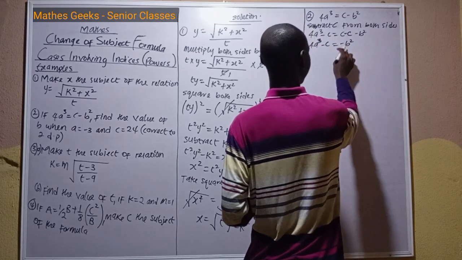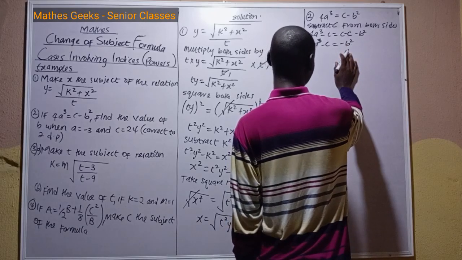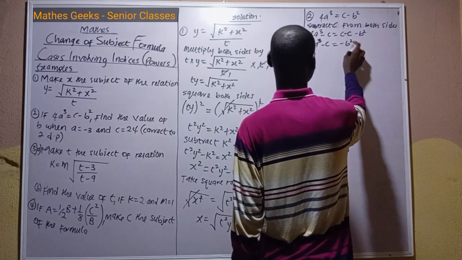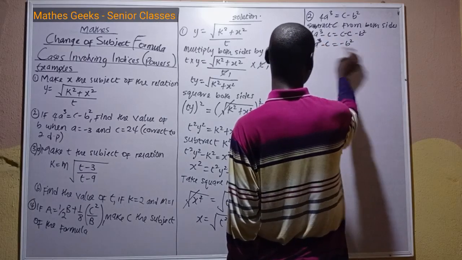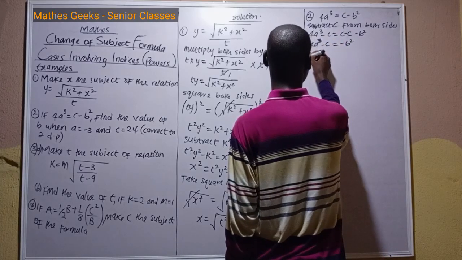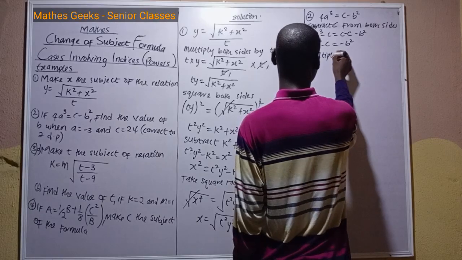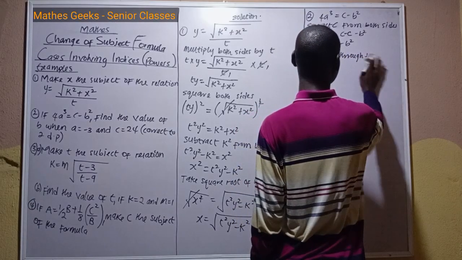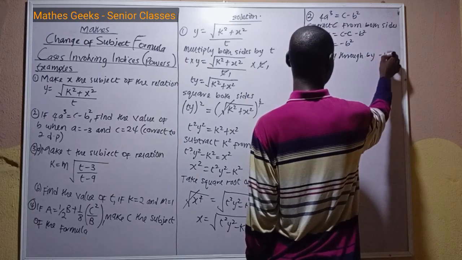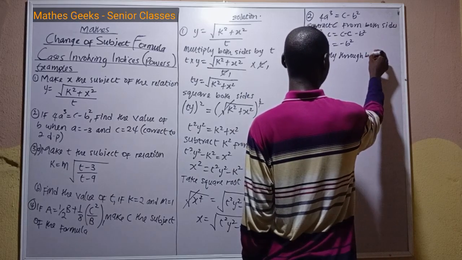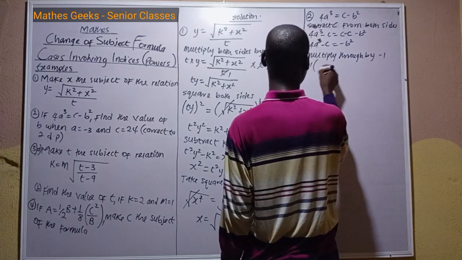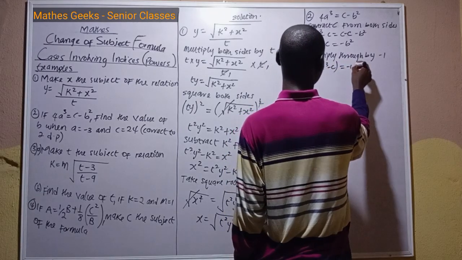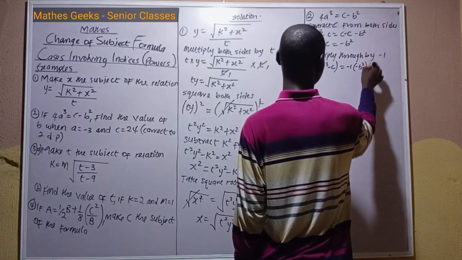It will not be nice that the letter we want to make the subject of the formula is negative. So what we do is that we're going to make it positive. To do that, we're going to multiply through by minus 1. Minus 1 times 4a cubed minus c equals minus 1 times minus b squared.